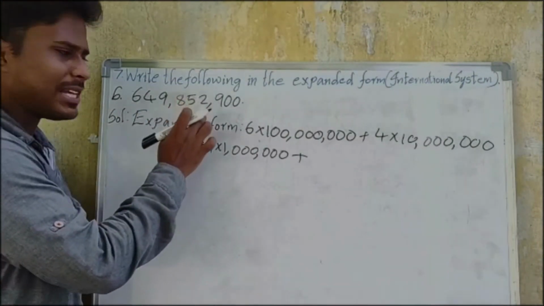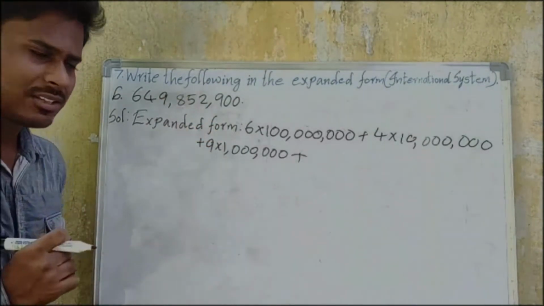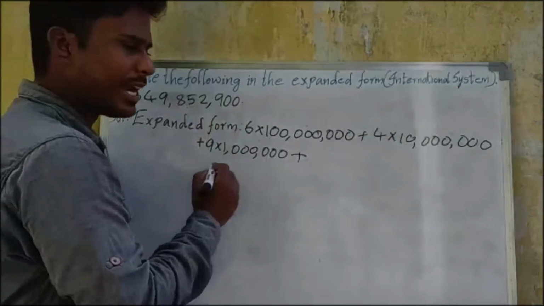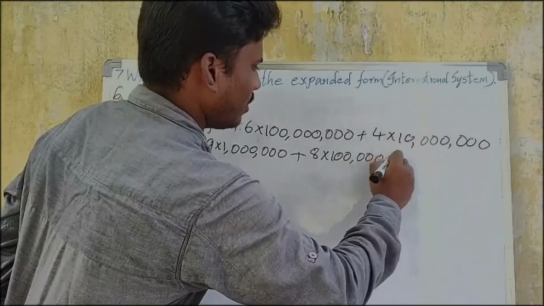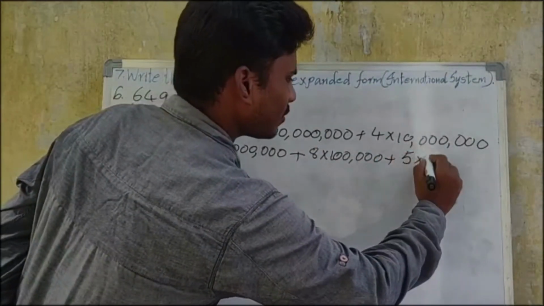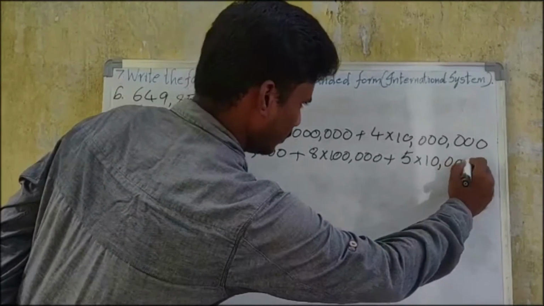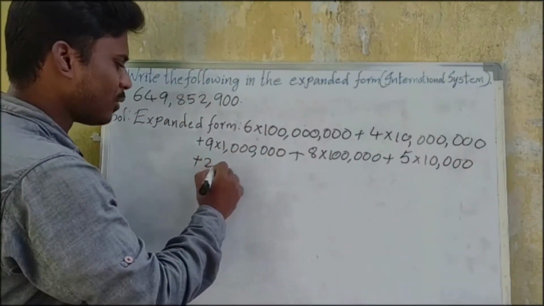So thousands period places, thousands, 10,000, 100,000. In the 100,000 place, which digit we have? 8. So 8 into 100,000. After that, 10,000. So 5 into 10,000. Next place is thousands place. So 2 into 1,000.